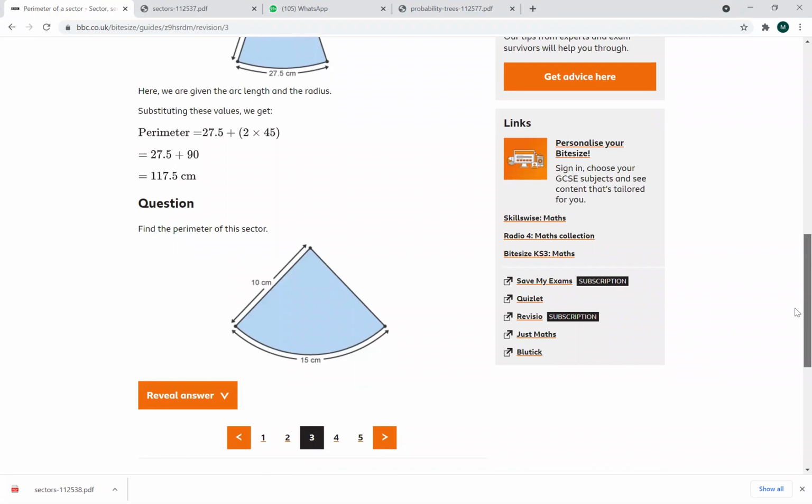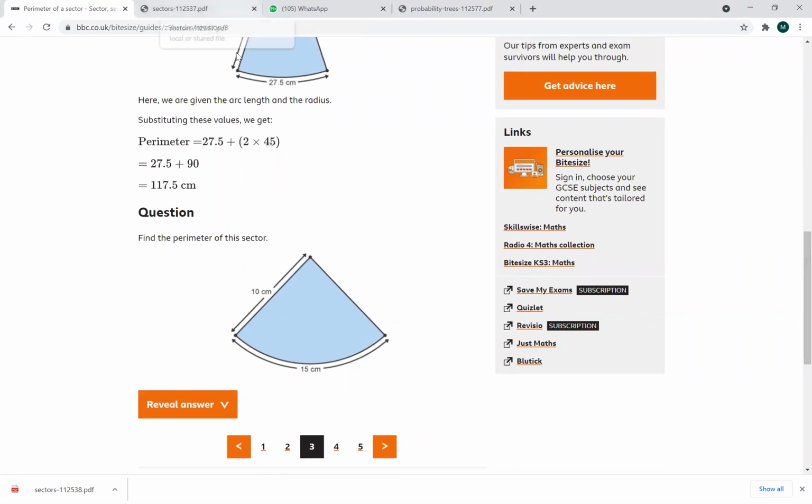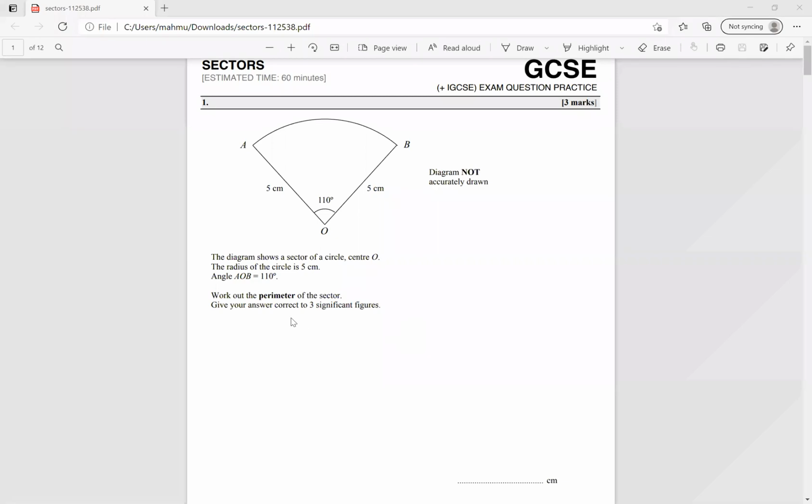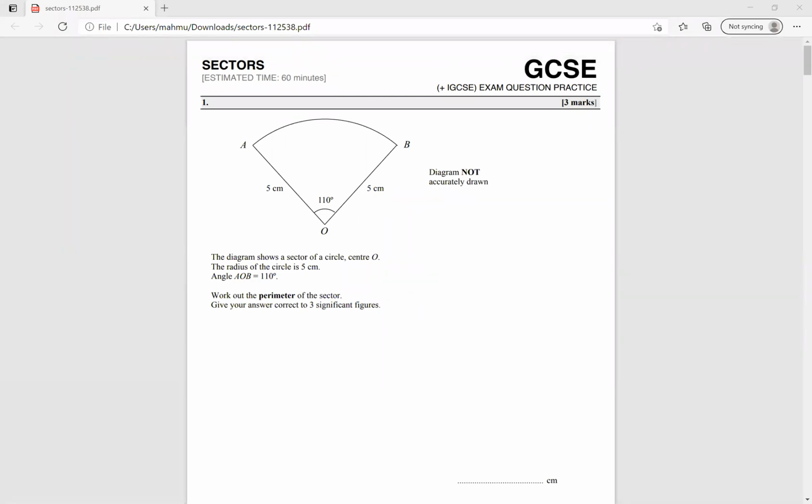Oh, it's not working, it's not giving. Okay, so we will go by what you've done, it's 9 point something. I'm just going to make sure the formula is right. So this is the formula we use.